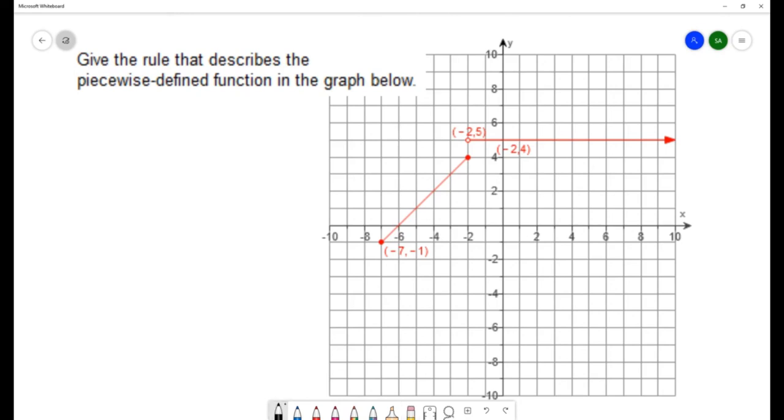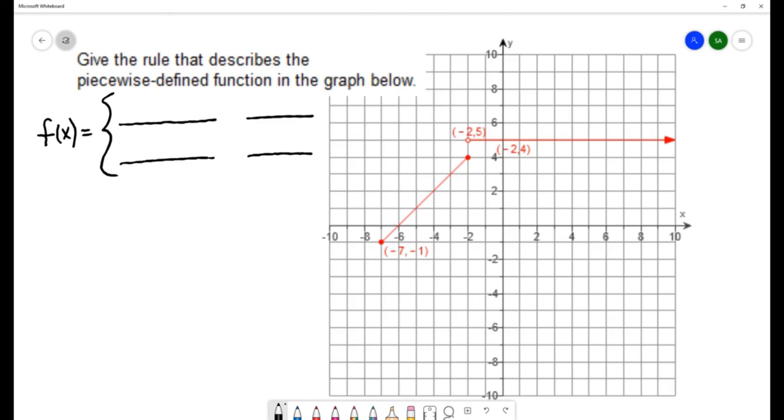So with my piecewise defined function, it's going to follow this format. f of x equals, and I'm going to have two equations because I see two pieces of the graph, and those two equations will have two conditions that go with them. So each equation gets the conditions that go with it.